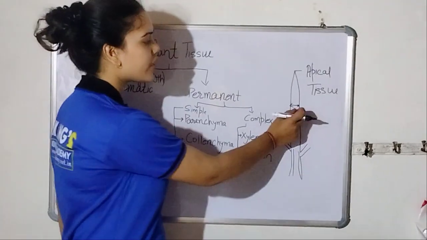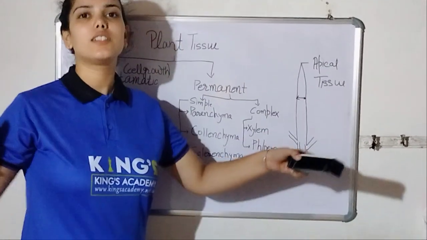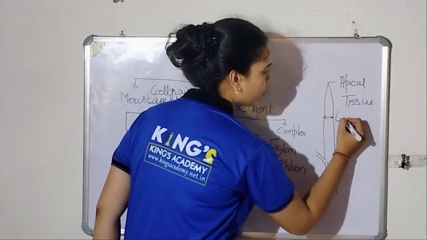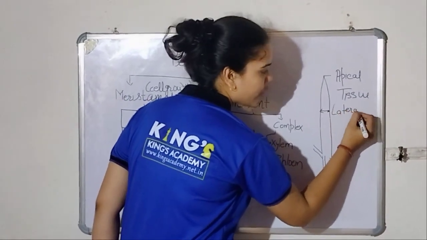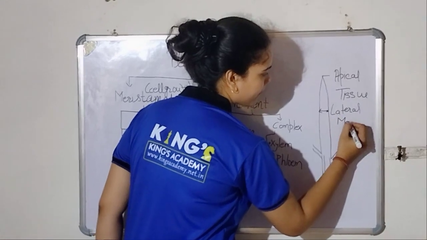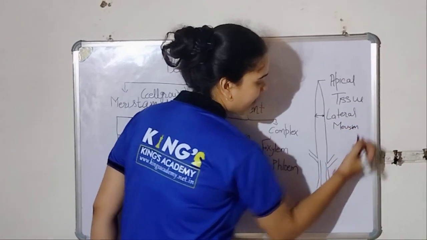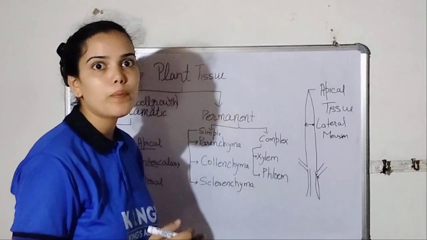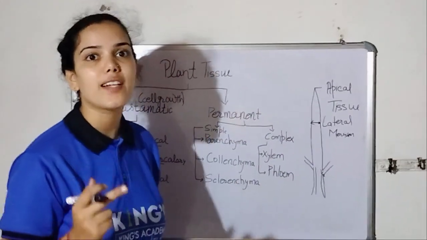This tissue helps the girth to expand. This is known as the lateral tissue or the lateral meristem. And over here at the nodes, there is a tissue present that is known as intercalary tissue.